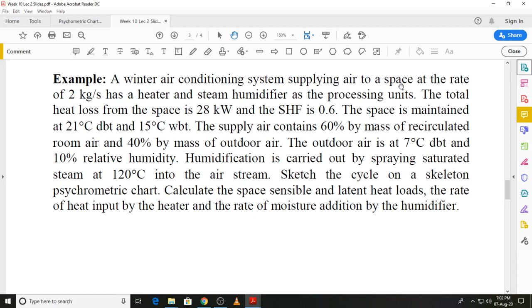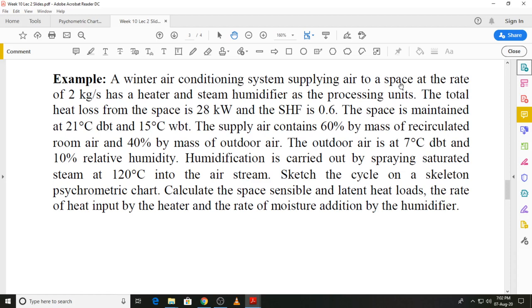For the purpose of heating and humidification, we are told the heat loss from the space is 28 kilowatts, and that means, because we are given a sensible heat factor of 0.6, there is going to be both latent and sensible components of the total heat loss, and that you can work out by using the sensible heat factor if you are asked to do that.